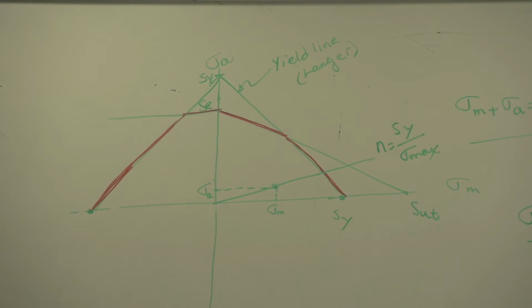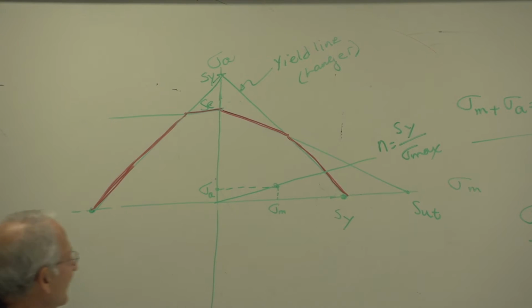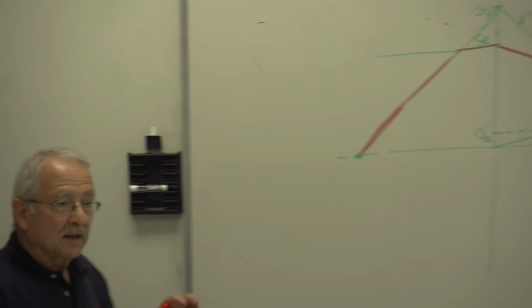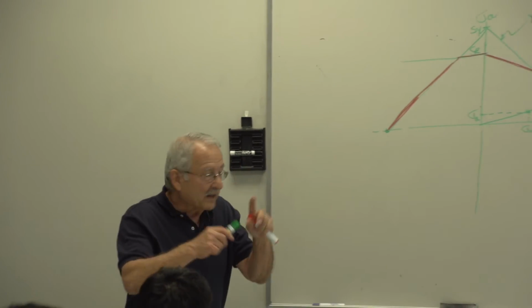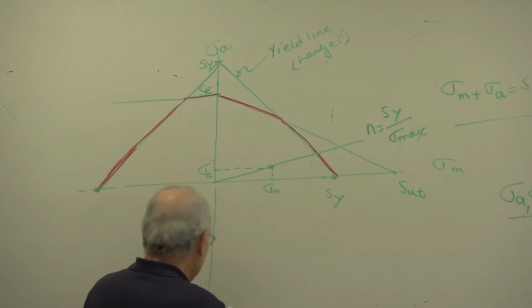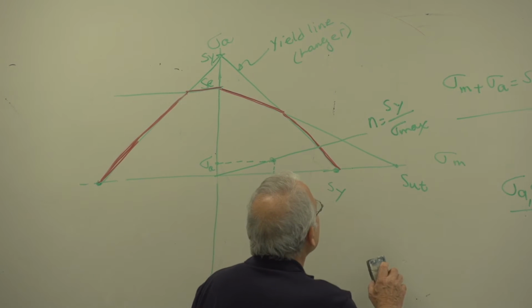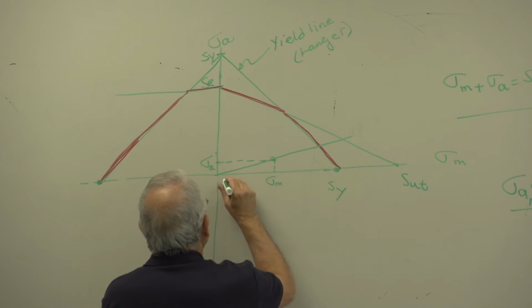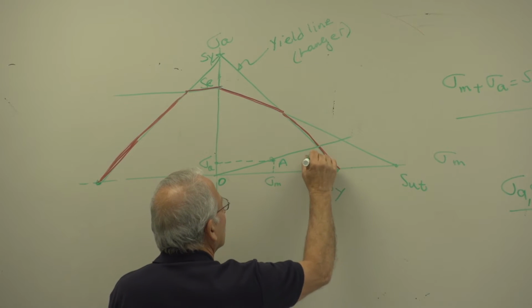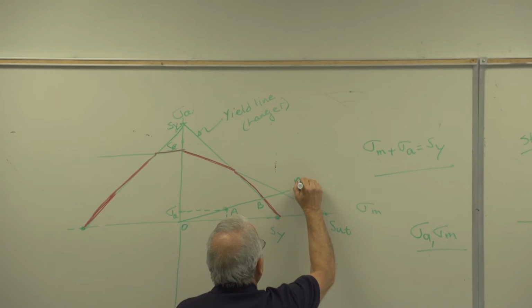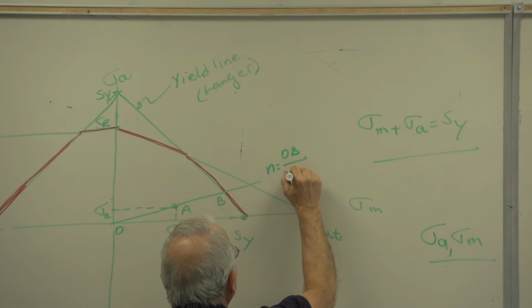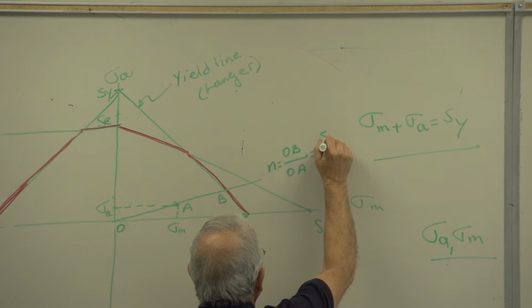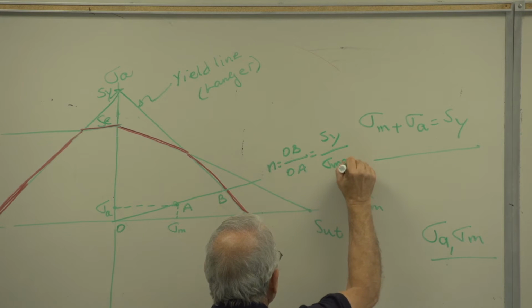Any questions? Everybody okay with this? The factor of safety is, actually maybe I should write it that way. N equals OB over OA equals Sy over sigma max.